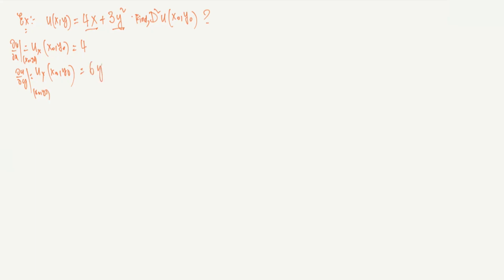Now, what is del square u del x square? It is del x of del u del x, evaluated at the point x0 y0. Del u del x is 4, and if you take the derivative of this with respect to x, this becomes 0.